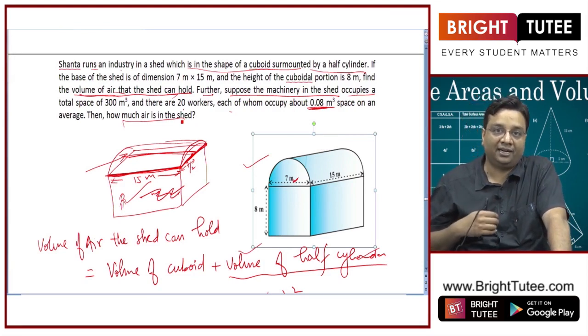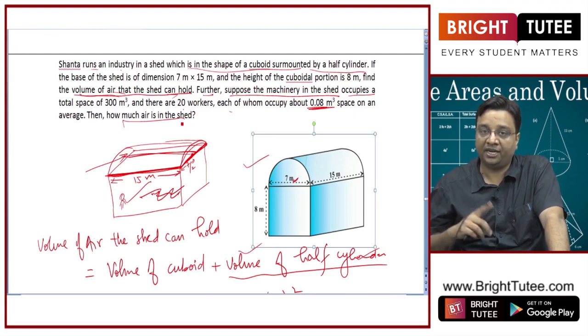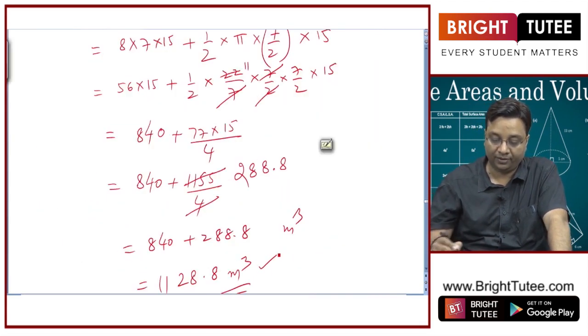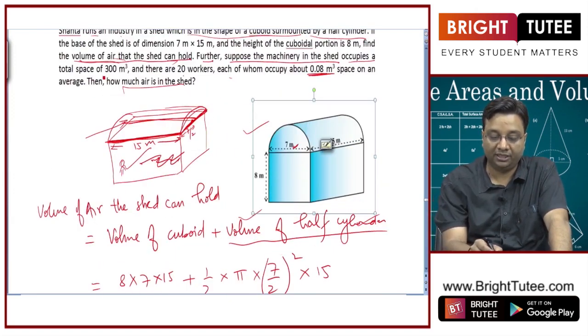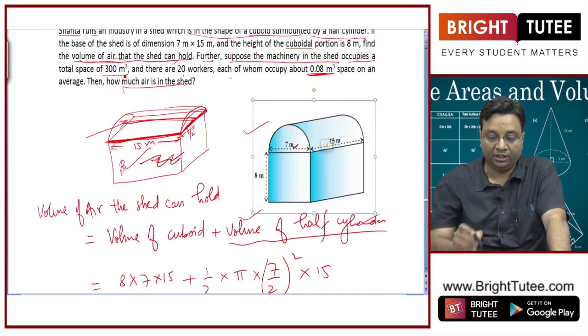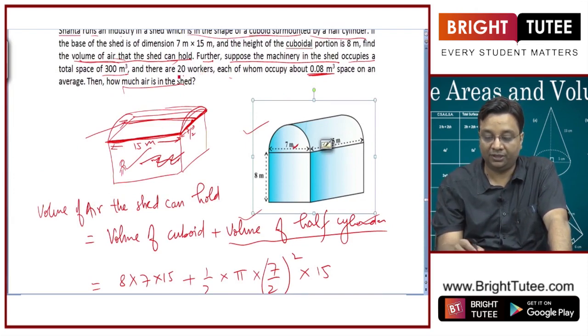We need to subtract the volume of machinery and the volume of people inside it from this volume. So what is the volume of machinery? It is already given, 300 meter cube. The volume of 20 workers will be 20 into the volume of 1 worker.